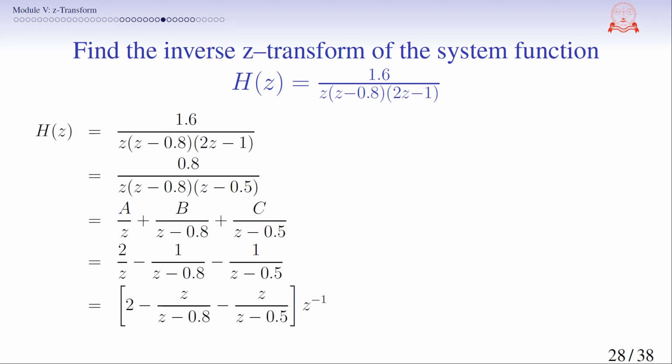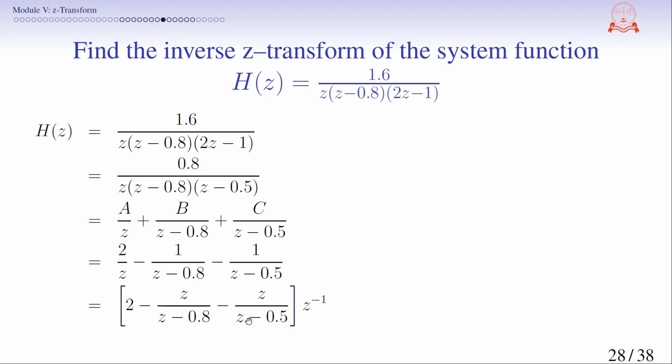1 upon z minus 0.8 minus 1 upon z minus 0.5 into z inverse. So we get H of z as 2 minus z divided by z minus 0.8 minus z by z minus 0.5.